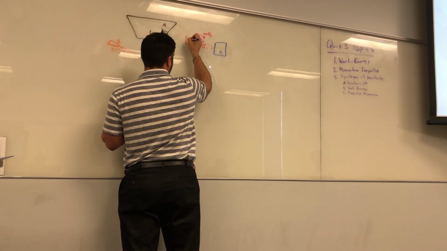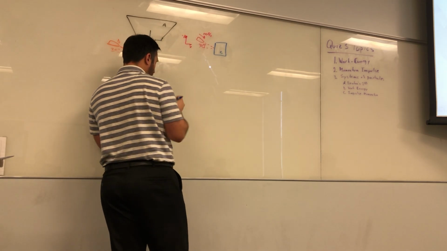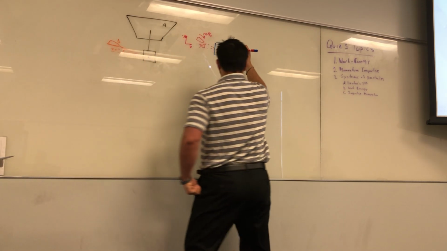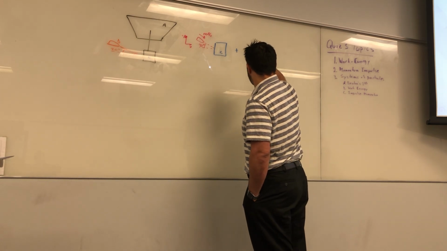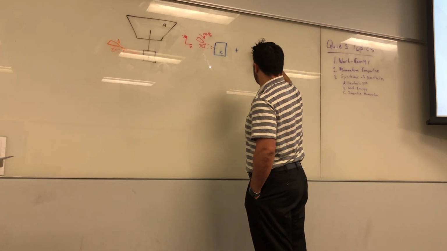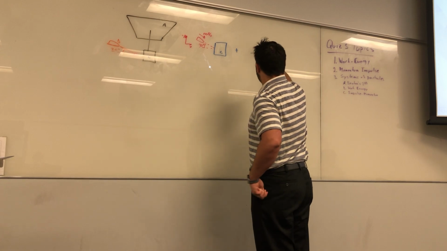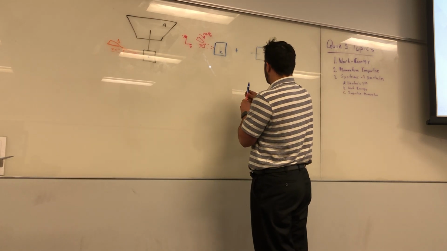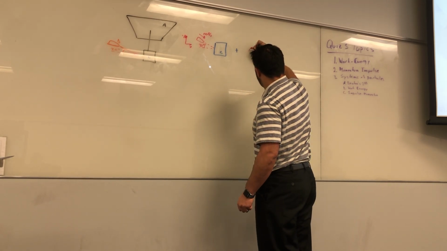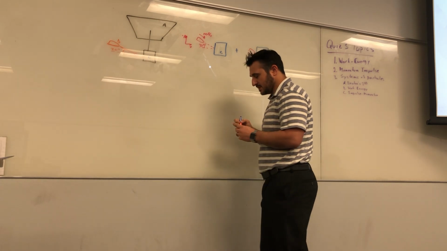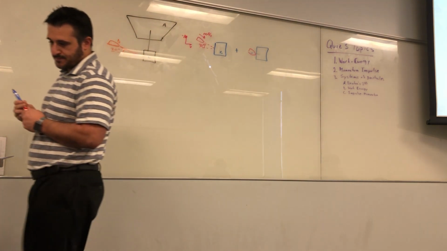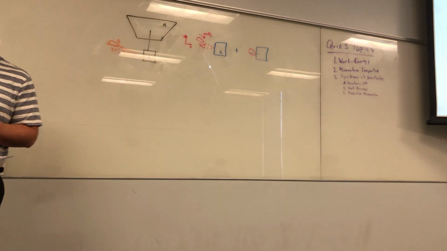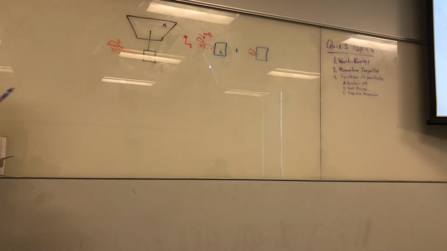That means we're just going to end up with components of it, plus my impulses. Well, what are my impulses? When these two things collide, they're going to have equal and opposite impulses from the collision.